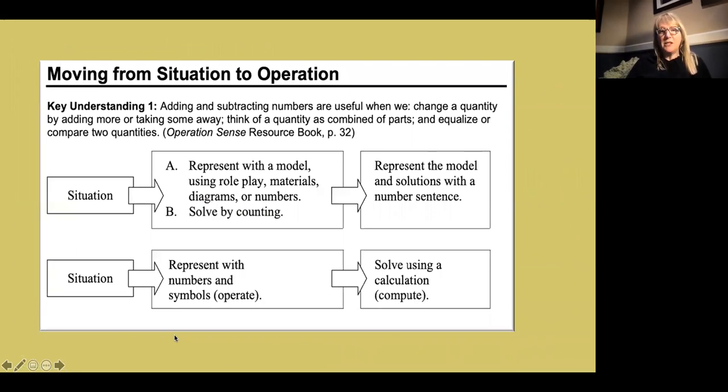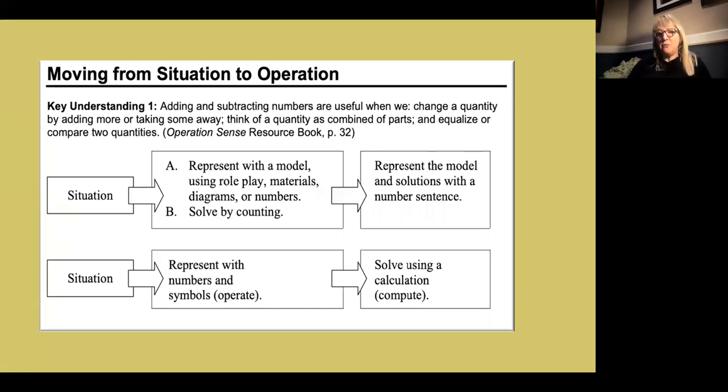So moving from situation to operation is just like Jen had said, that we start with a situation. So we want to give them a context, and it's a great word, that context or that situation, and keep that in mind all the time as you're exploring adding and subtracting. So when you give them that situation, they're going to start by using their bodies or using materials, and they're probably going to count up, like Jen had mentioned.